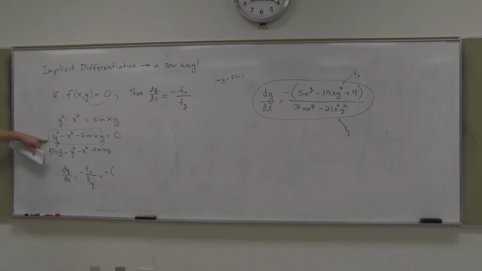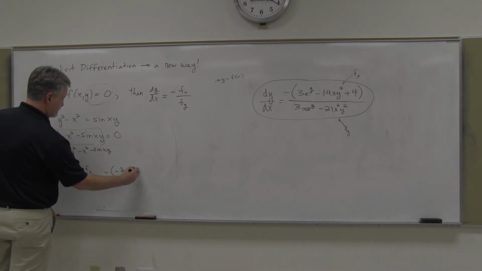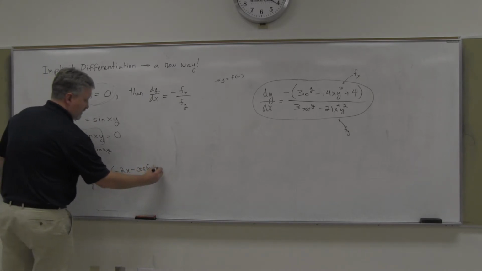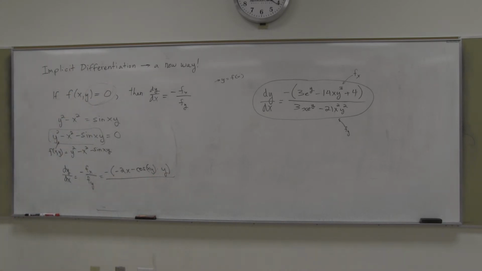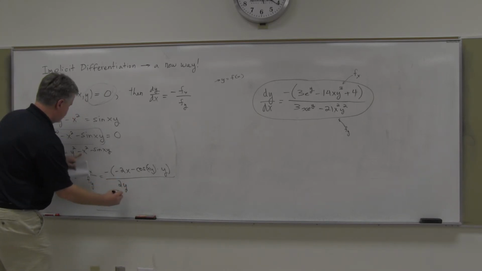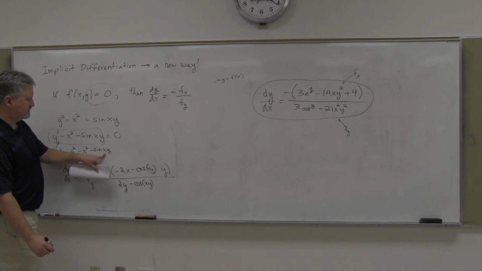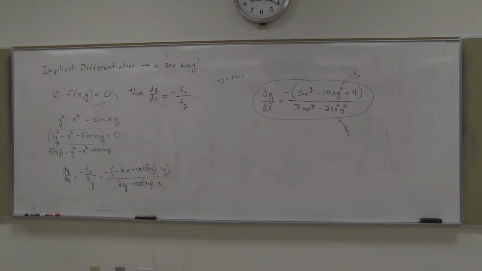So it's negative 2x minus cosine xy times y, because that'd be the partial of f with respect to x, and then the partial of f with respect to y, 2y, derivative of that 0, minus cosine xy again, derivative of the outside, derivative of the inside is x, with respect to y.